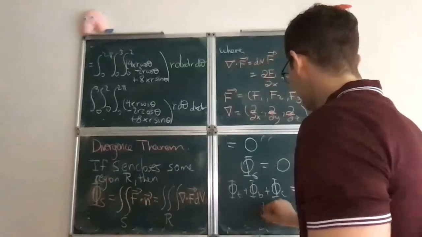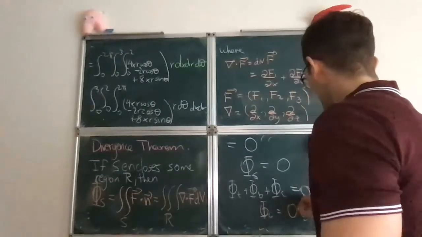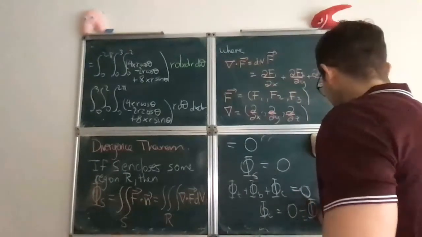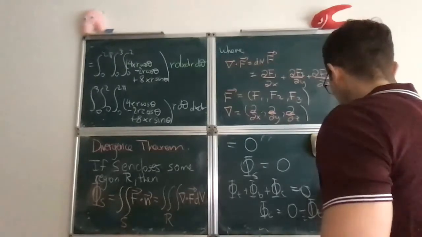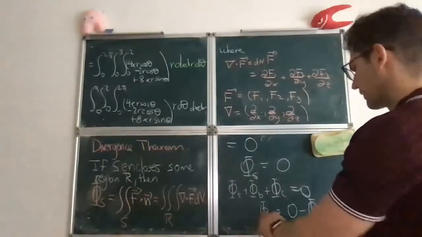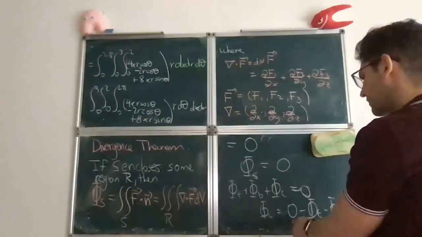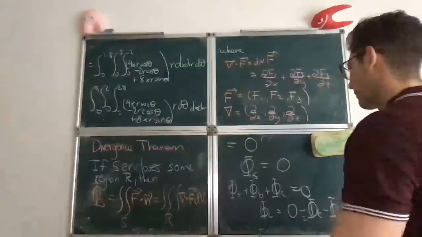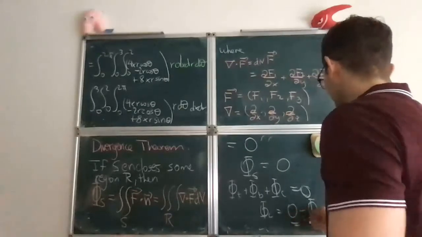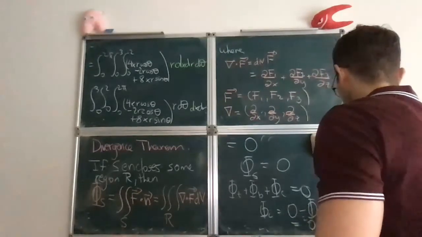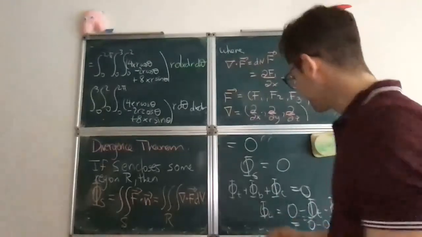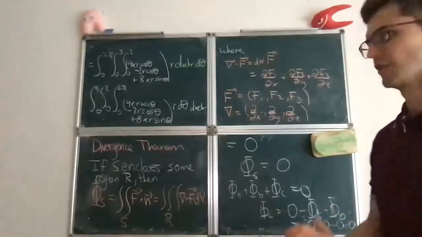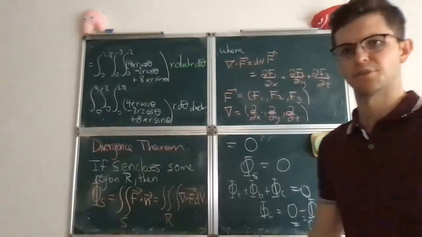You can use the divergence theorem in the sense that instead of doing this flux directly, you could have computed a triple integral and then subtracted the 2 fluxes from the top and bottom. And in this case, you would also have found 0 minus 0 minus 0, and then you get 0. So this is a quick way to see that the flux along the cylindrical piece had to be 0 as well.